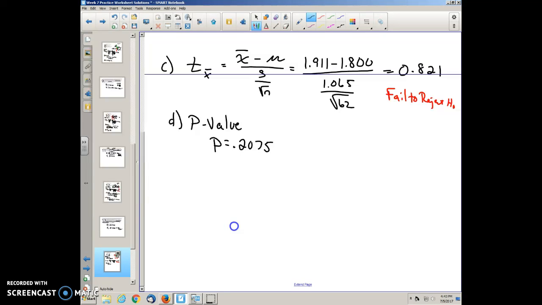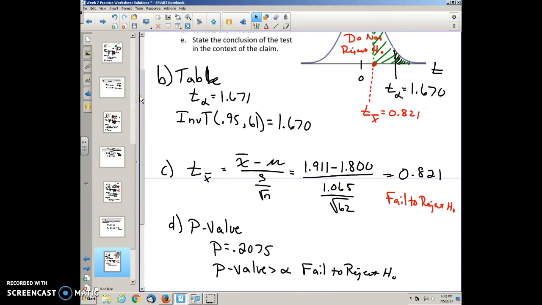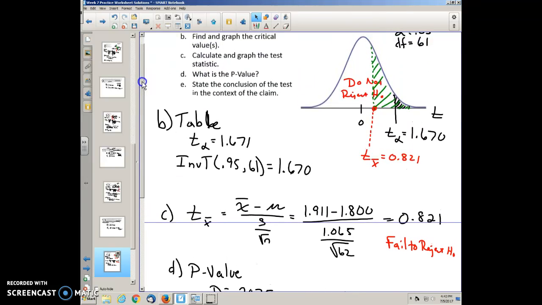So 0.2075 is greater than alpha. If the p-value is greater than the significance level, you fail to reject the null hypothesis. So C and D do the same thing. B and C combined is what's called the traditional method.